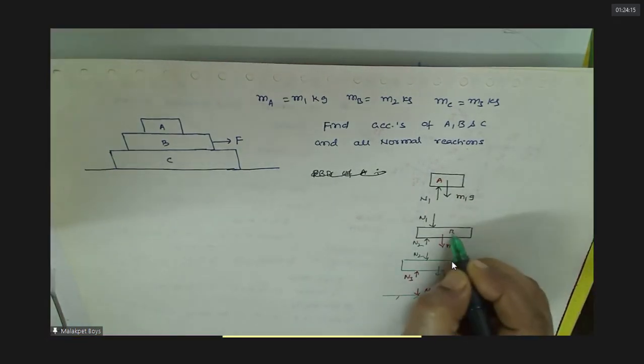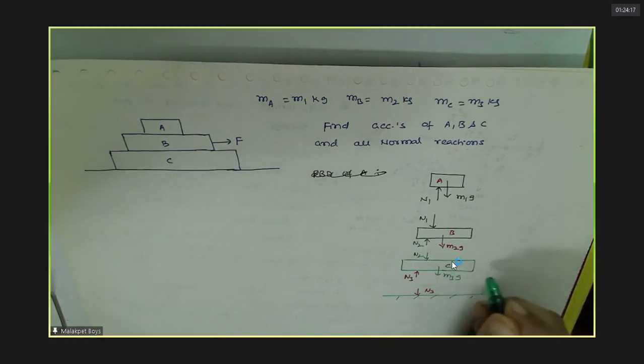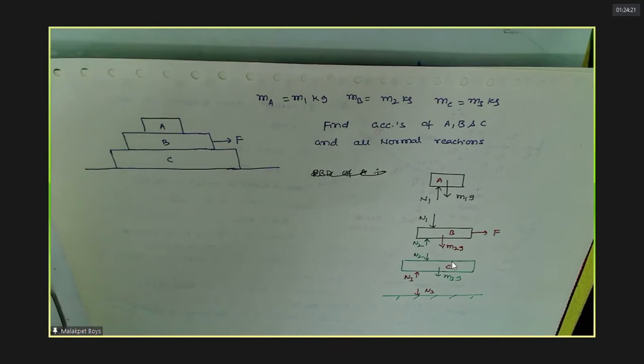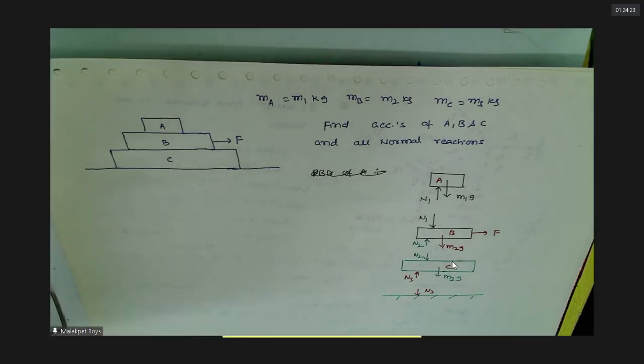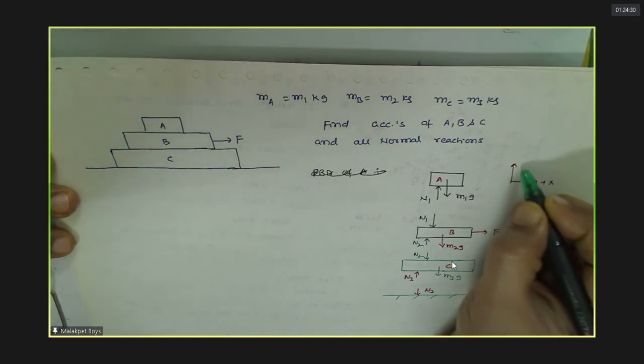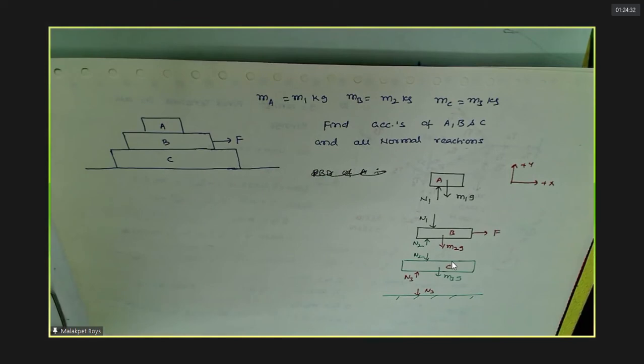For A, B, C, there is a force on this. Agreed? Now if we take this as the x-axis and this as positive y, just apply Newton's laws, your problem is solved.